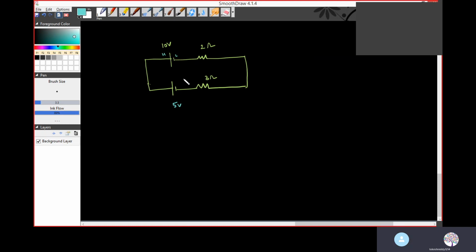Let us assume that the current is flowing in this direction. So this is high, this is low, this is low, this is high. Now here you see high to low means potential drop.